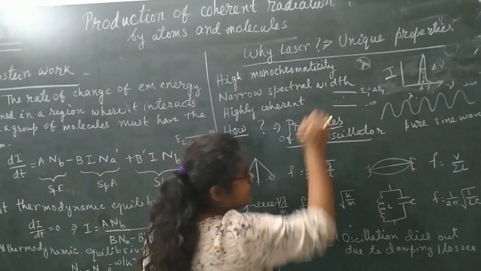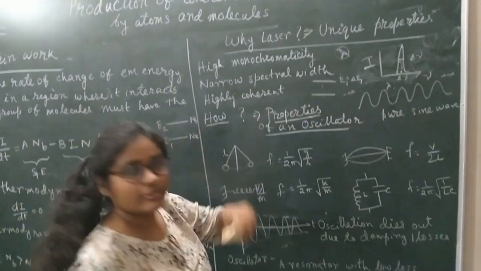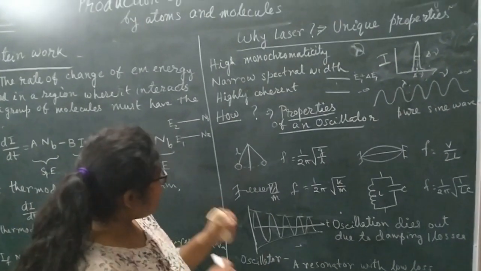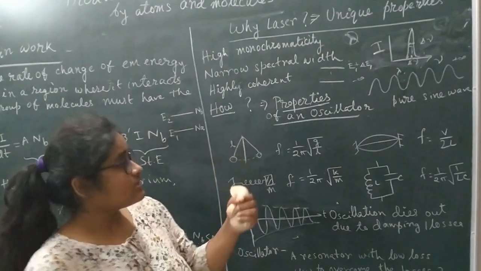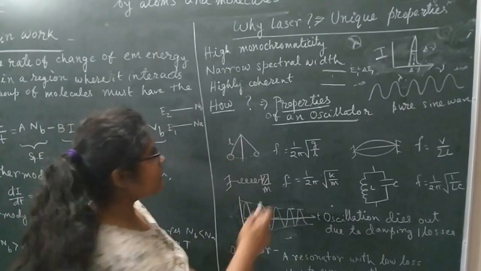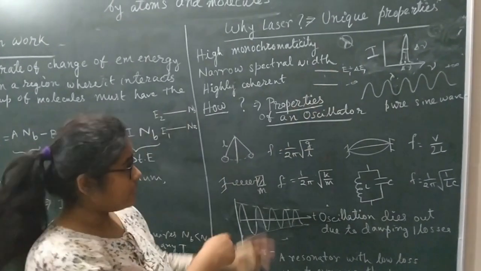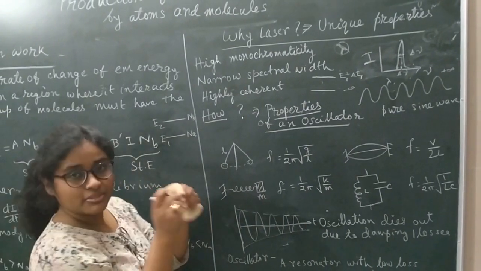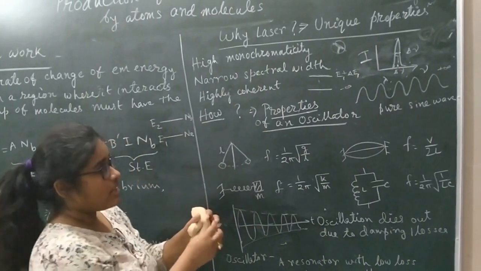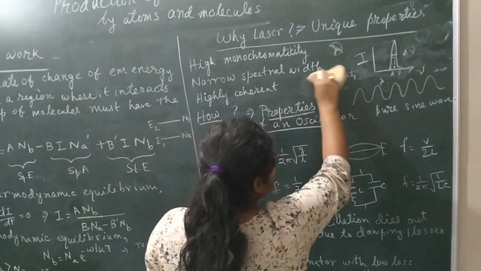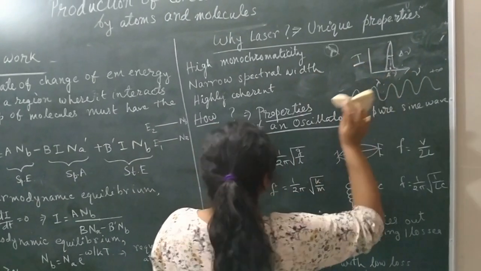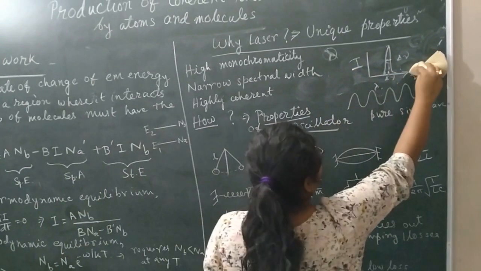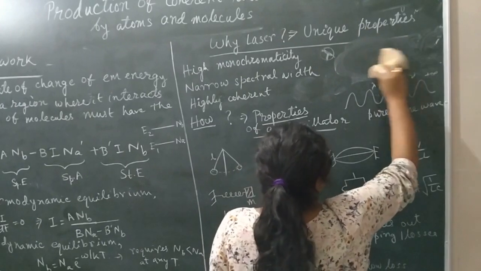So there is an inbuilt uncertainty in the frequency of the light. You cannot get exactly a single line when the transition happens between two levels. So it always has some spectral width or natural width, and in the case of laser, the natural width is minimum, and that's why it is called narrow spectral width.